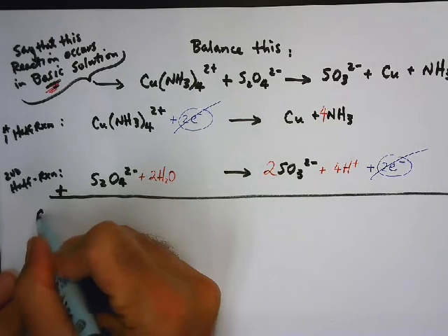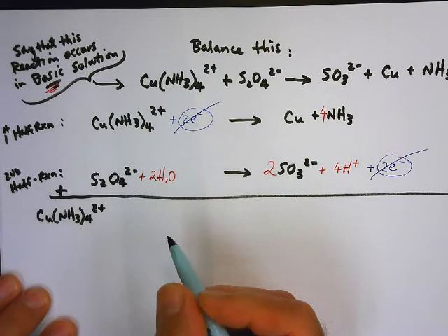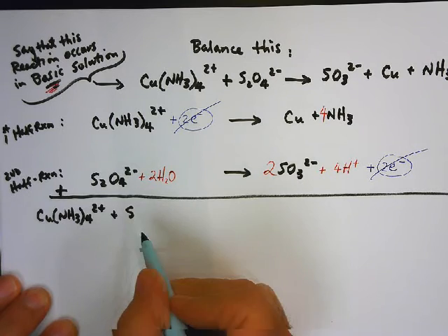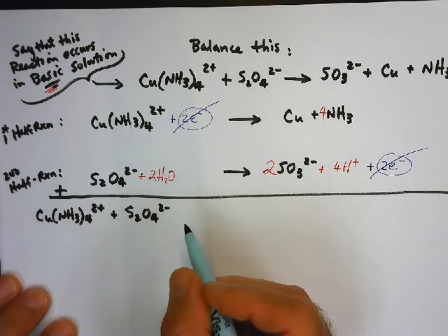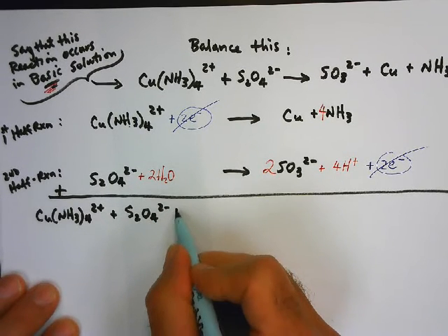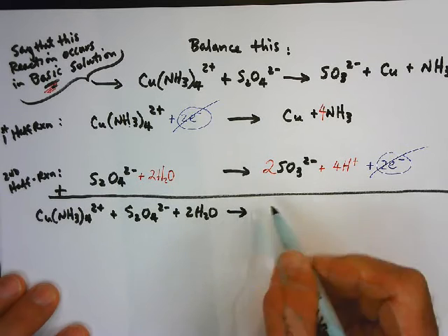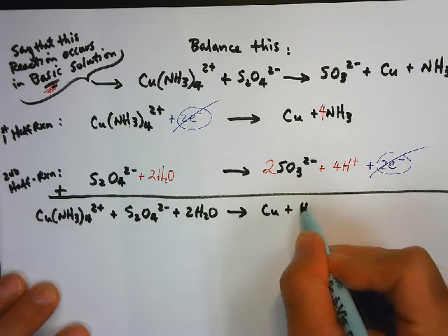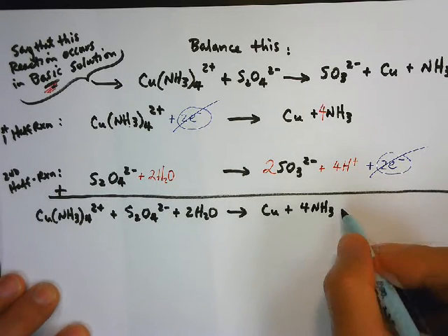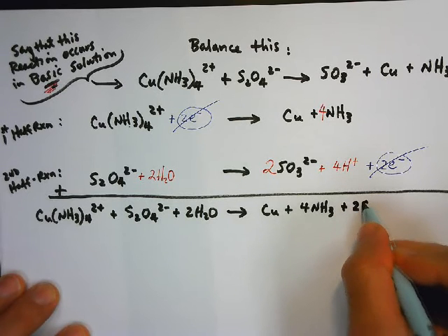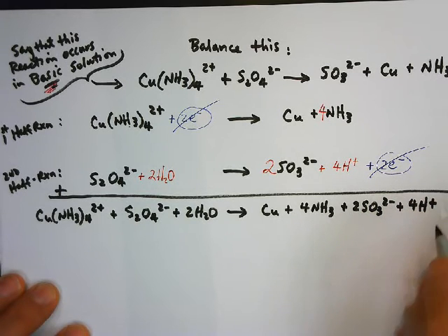And we're going to get Cu(NH3)4 2+, plus S2O4 2-, plus 2 waters, then arrow Cu plus 4 NH3s plus 2 SO3 2-, plus 4 H pluses.